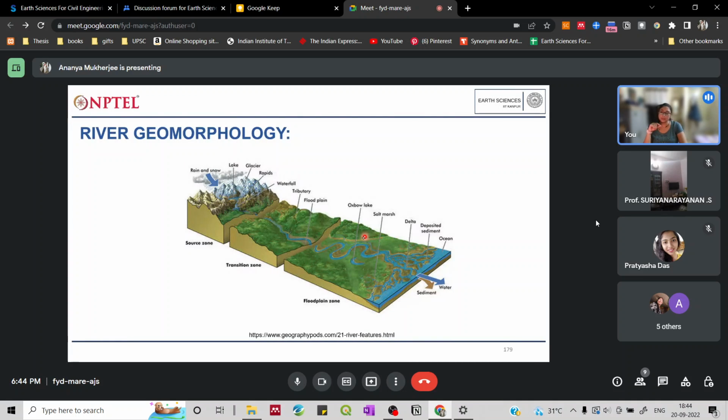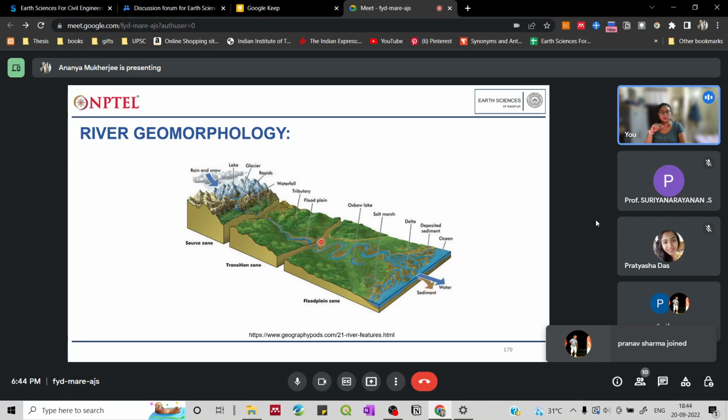Now in the floodplain zone, the steepness, or I should say the slope of the land, is very low, and also the velocity of the river is very low, so it will not exactly cut through the land over here, but it will start creating what are called meanders.